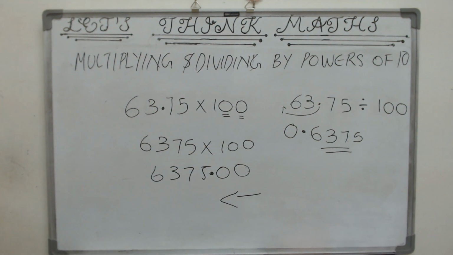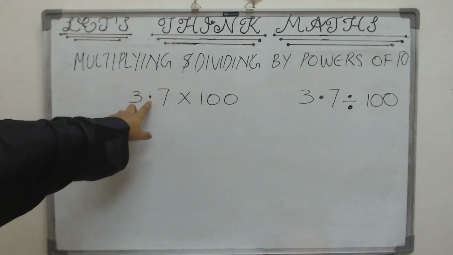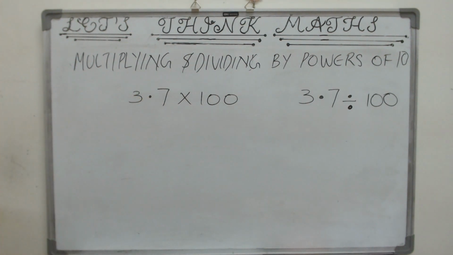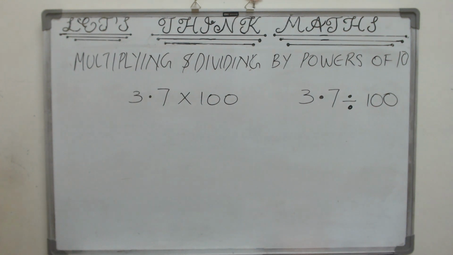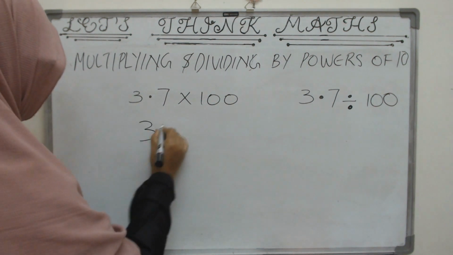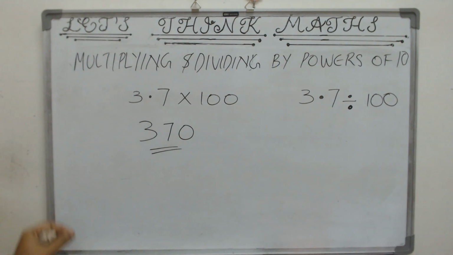We will see one more example. So what happens here? You see the decimal point is here. You have to move it forward by 2 places, but you have only one digit here. What do you do then? Just add a 0. There. You started with a 3 point something, but you have ended up with 370, right?